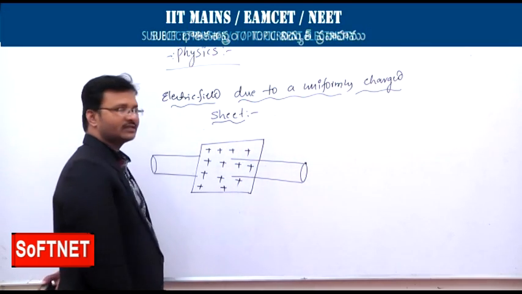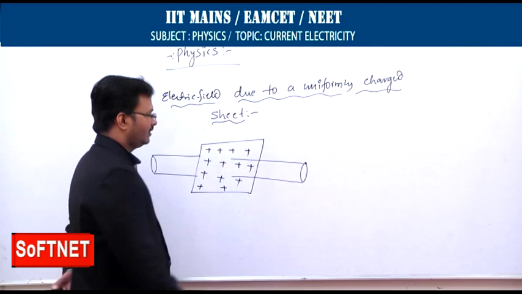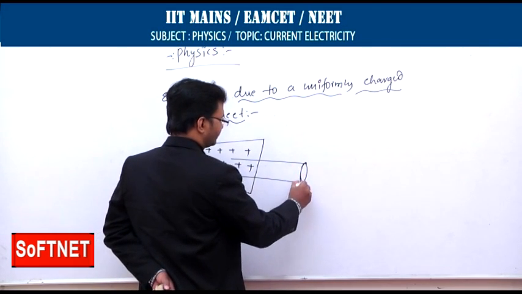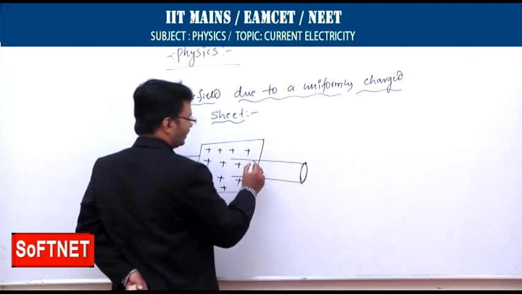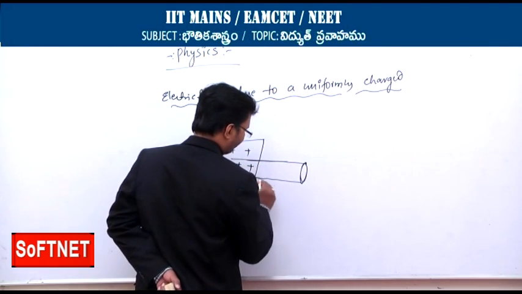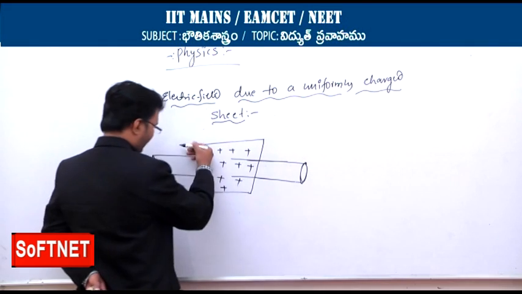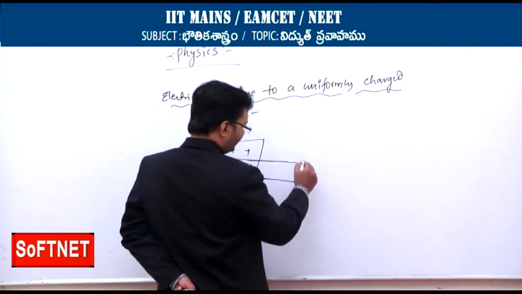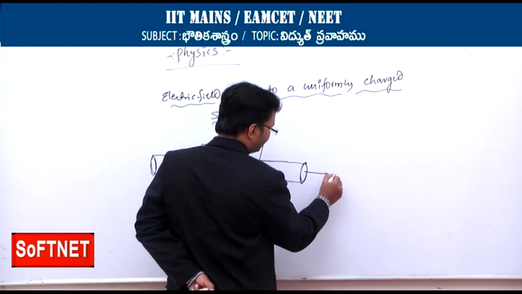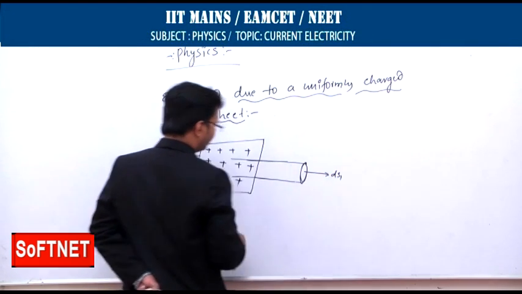Now, how many closed surfaces can we see here? This is one surface, this is one, this one, and this one. This surface area vector is in this direction, take it as ds1.